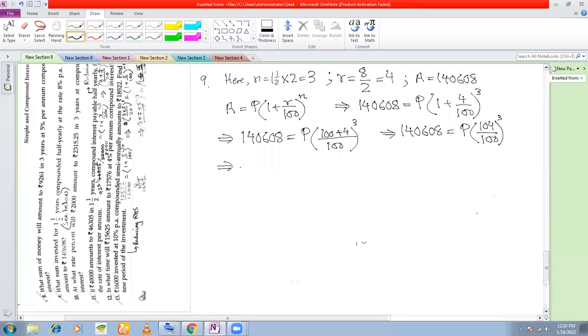That means you can write this as, just write the left hand side first, P into 104 by 100 into 104 by 100 into 104 by 100 must be equal to 140,608. Right? Now you can cross multiply. You get P into 104, or you want to cancel first. Which one should it be?